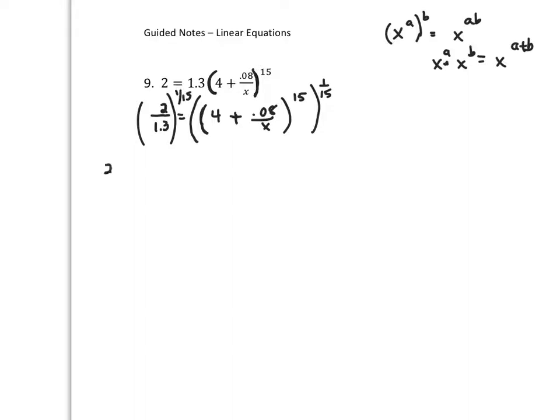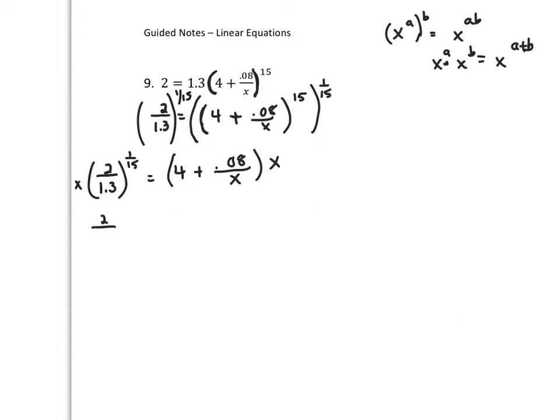So that's going to be 2 divided by 1.3 raised to the 1/15 equals, you multiply 15 times 1/15 and you get 1. So you're left with 4 plus 0.08 over x. Now we're back where we have been. Clear your fractions by multiplying both sides by x.